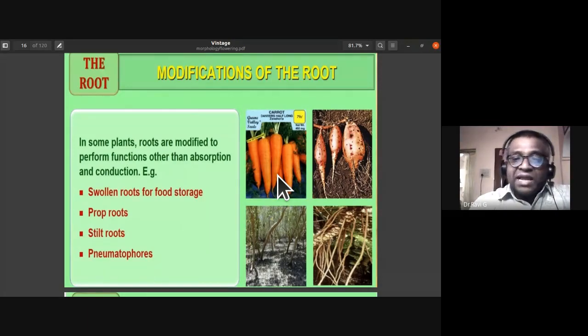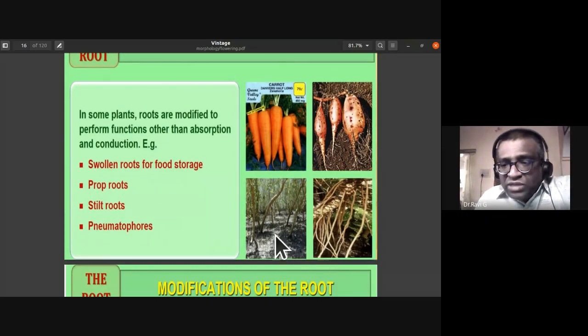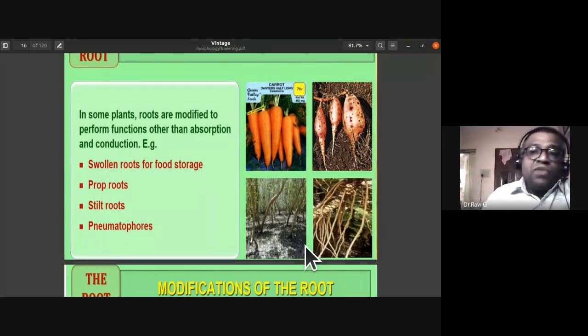Stilt roots, again, provide mechanical strength, and you can notice them in pandanus plants. Even in maize plants, you can notice these stilt roots. Then there are pneumatophores in marshy soil. The amount of water and the amount of soil are equal.